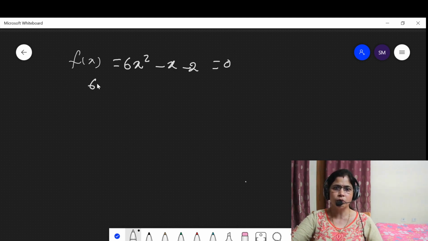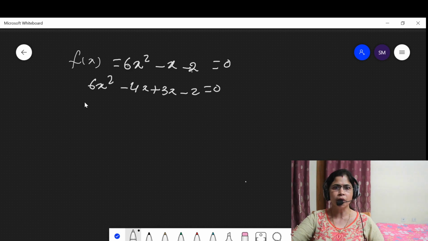Now here also apply the middle term factorization. 6x square, 6 into minus 2 is minus 12. Then split minus x into minus 4x plus 3x minus 2 is equal to 0.